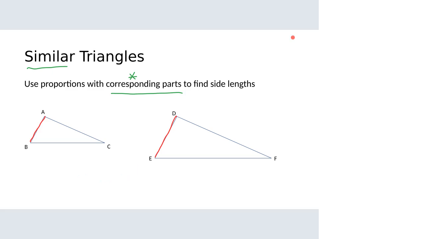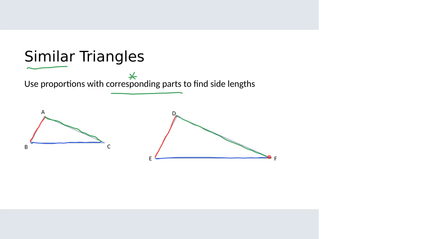That's the part that corresponds to that same side in the original, or in the pre-image, if you like that word. Similarly, I've got BC down here, which corresponds to EF. And then finally, we would have AC over here that corresponds to DF.